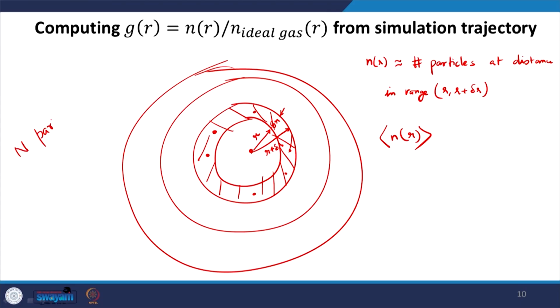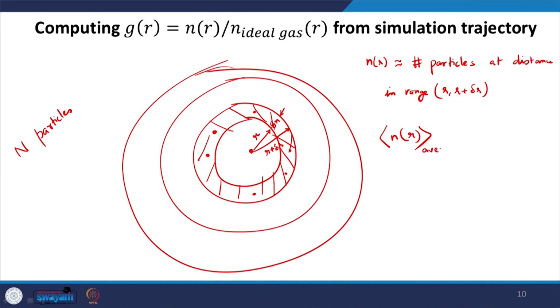So, if you have n particles in the simulation, then I can imagine cells like this around each of the particles, and therefore, I can get the number of pairs which are at distance in the range r to r plus delta r, and then we have to divide by the number of particles and all that. So, essentially we are averaging over the particles in the system, and we are also averaging over frames.